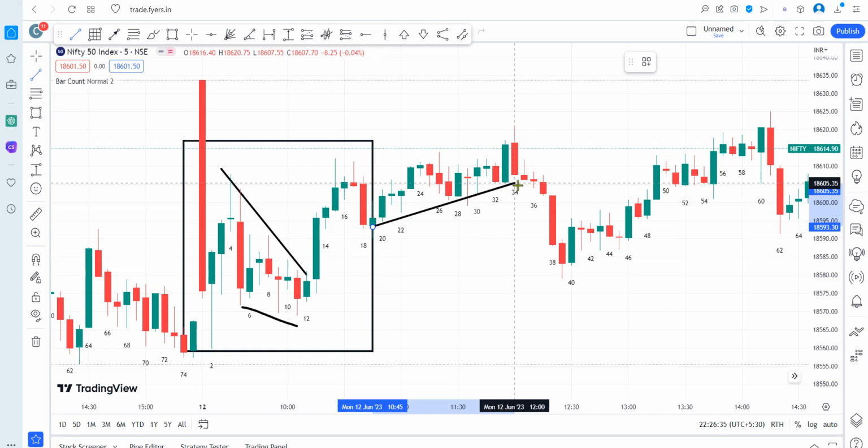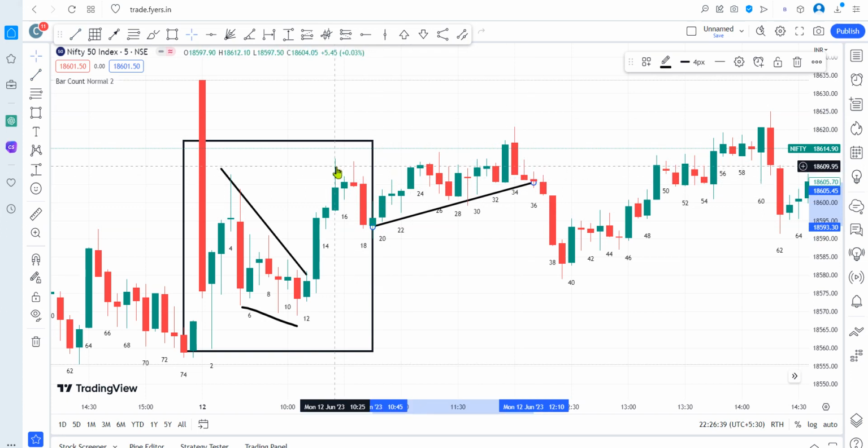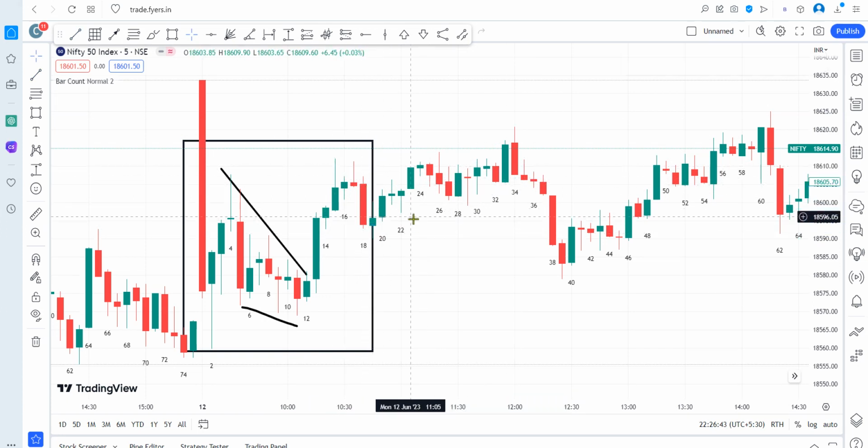As you can see, after the 19th candle a channel is created of this size. Two approaches are there: either a second leg will be created or a channel will be created.